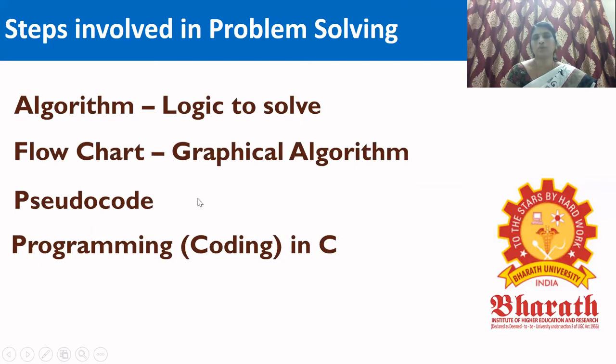Next comes the pseudocode, an understandable semi-program, which can be transferred from the algorithm and flowchart to the programming of any language. Then last comes the coding in C language.